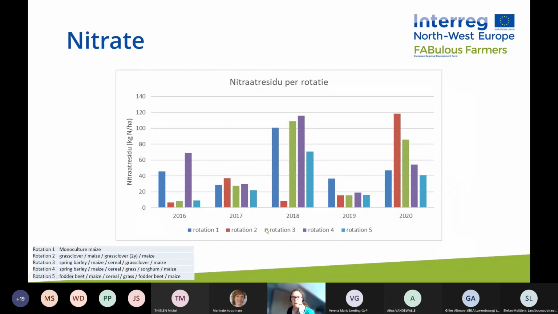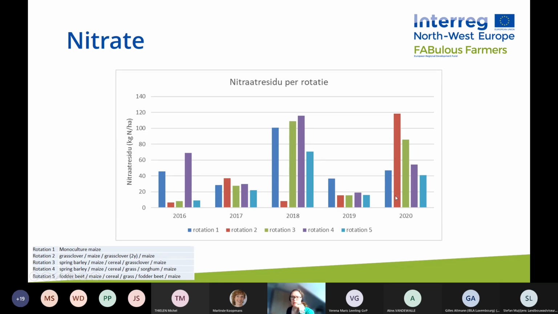And as you know, this gives, after the destruction of the grass clover, and then the first year after, this was 2020, we placed maize afterwards, then we had this very high nitrate residue.